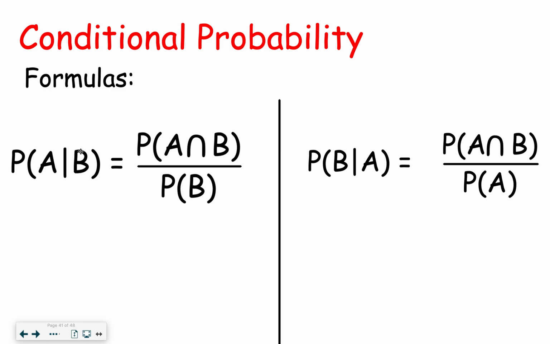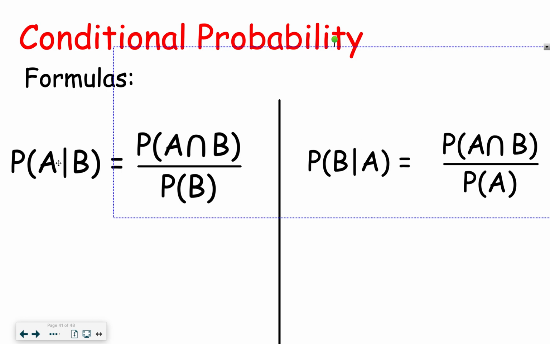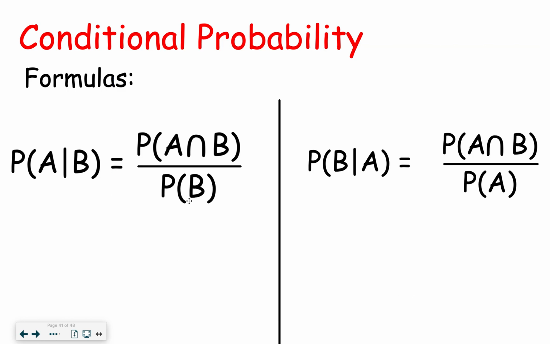So if it's slash B, you're dividing by the probability of B. So if I flip these, look at the second formula. If I flip A given B to B given A, the numerator didn't change. It's still the intersection between these two, but now I'm dividing by the probability of A. So really, if you just write down one of these formulas and know that whatever the condition is is the denominator, the numerator is always the intersection between the two.